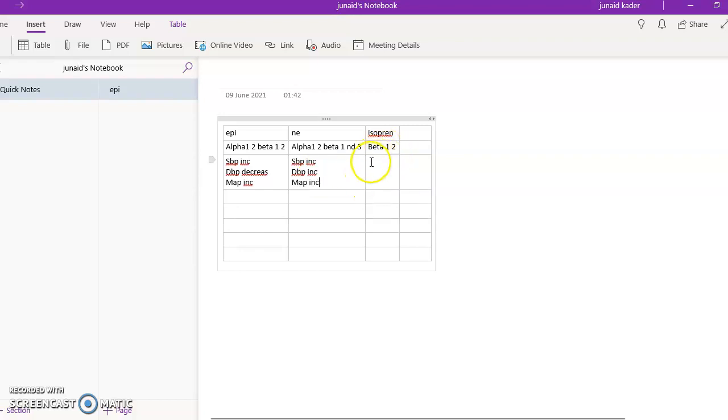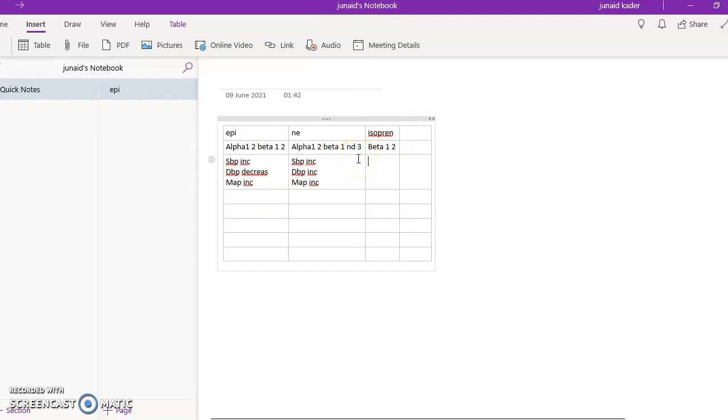Now about isoprenaline. In case of isoprenaline, it acts only on beta 1 and beta 2 receptors plus beta 3, but no alpha action. So there will be a fall in diastolic BP because of vasodilation due to beta 2 receptor. This fall in diastolic BP will be much more than the fall due to epinephrine.